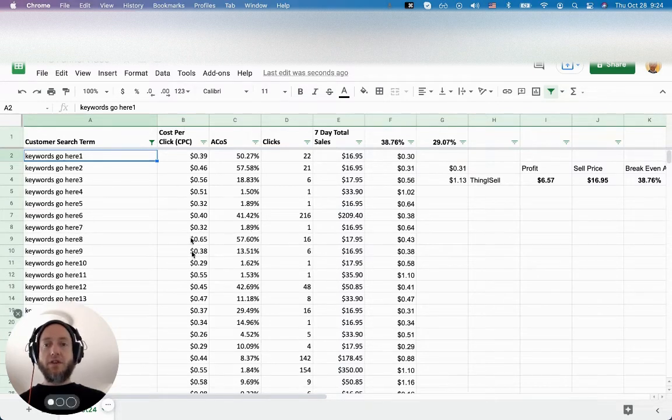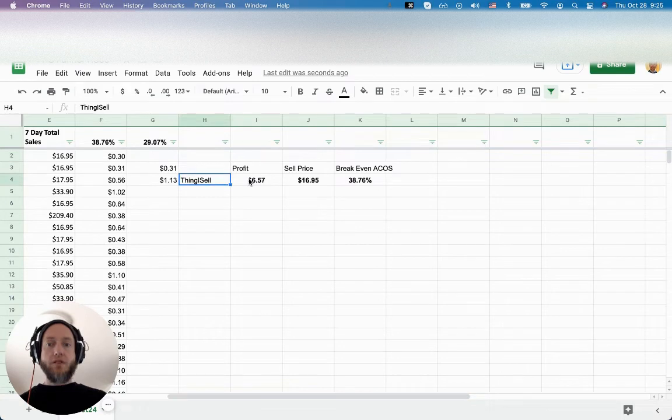These are all the different auto, phrase, and broad match campaigns, and I filtered out the exact campaigns. I also filtered out all of the keywords that had no sales within the 60 days I pulled the report for, so these are all keywords that have had at least one sale.